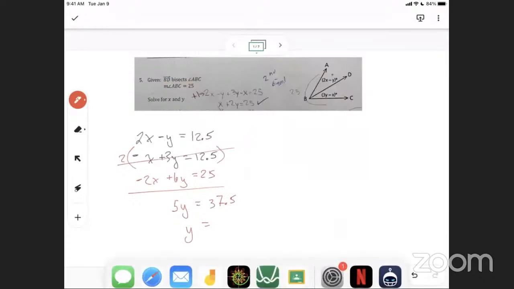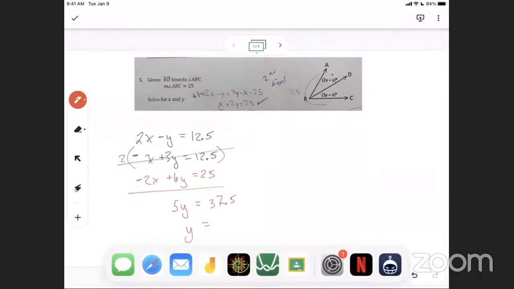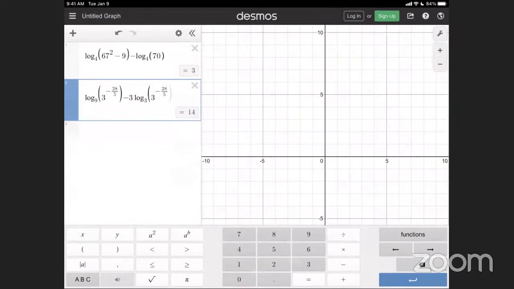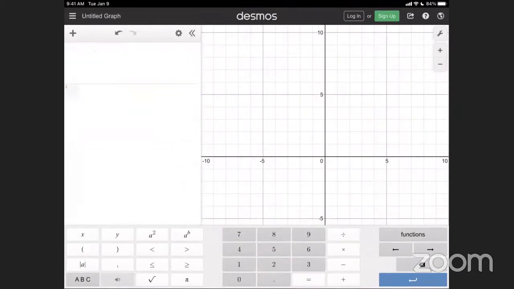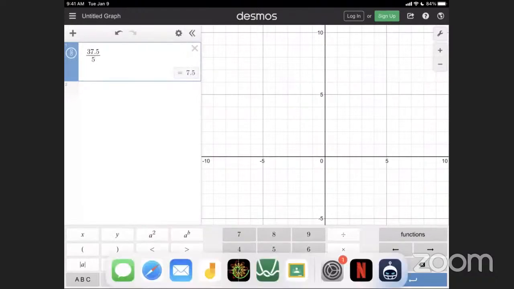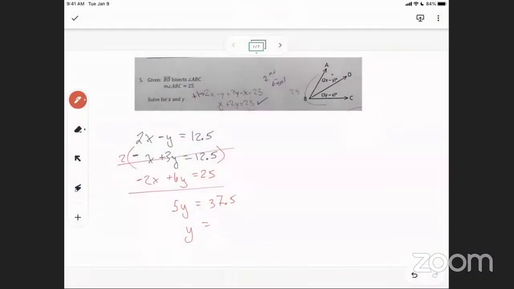Divide 37.5 by 5. I'll do that on my computer here. 37.5 divided by 5. Whoops, that didn't work. 7.5, there we go. So 7.5 is my answer for y.